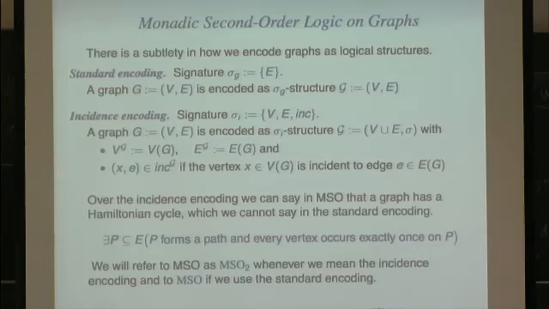And so MSO has very different and in fact vastly more expressive power over this encoding than the standard one. Therefore, whenever I speak of monadic second order logic on the incidence encoding, I'll call this MSO2, since this is quantification over sets of edges, and MSO1 just refers to monadic second order logic on the standard encoding.